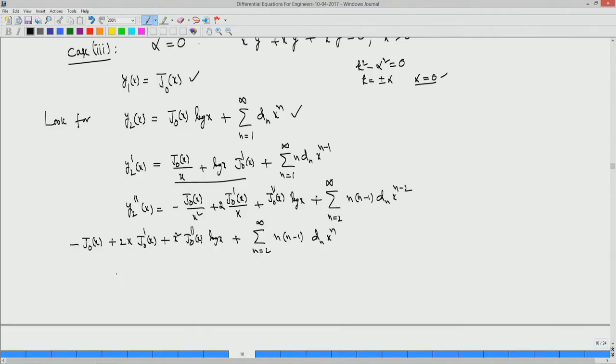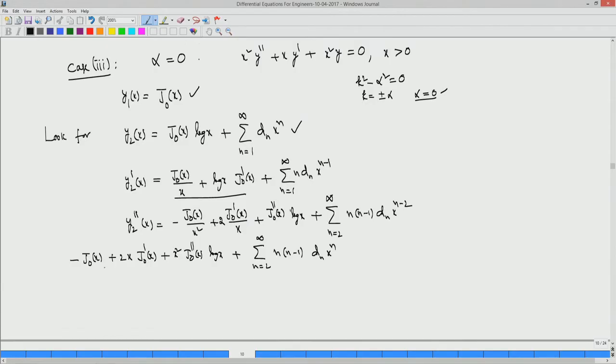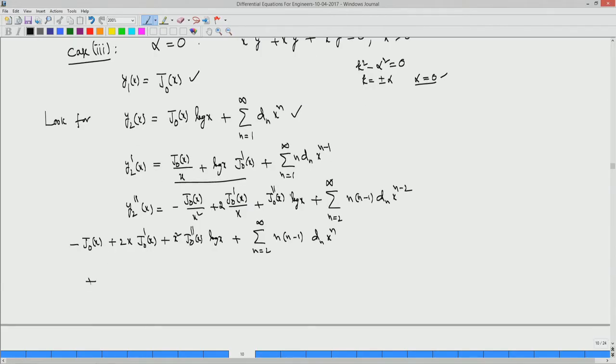This is x squared y'', plus x into y', x squared y. The y' is J0 of x log x, J0' of x plus the series where you simply have again the sum from 1 to infinity of n d_n x^(n-1).